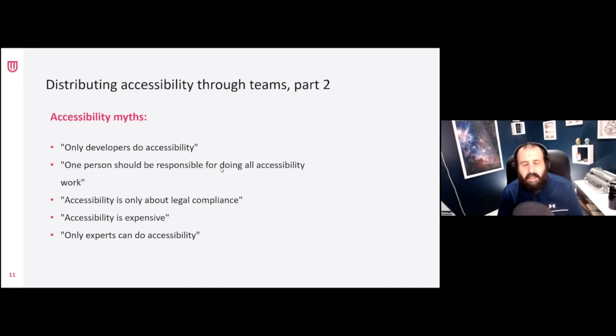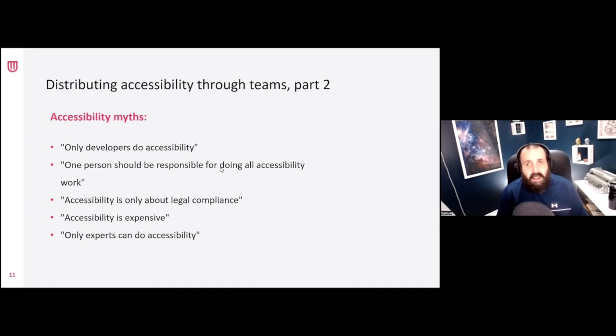Then we think that only experts can do accessibility. That thinking is directly born out of this idea of accessibility centralization and having one person or team that is an accessibility subject matter expert. Of course, expertise helps, but when we begin thinking about distributing accessibility throughout our organization, we find that developers need to know how to write code accessibly. Designers need to know how to create accessible designs.